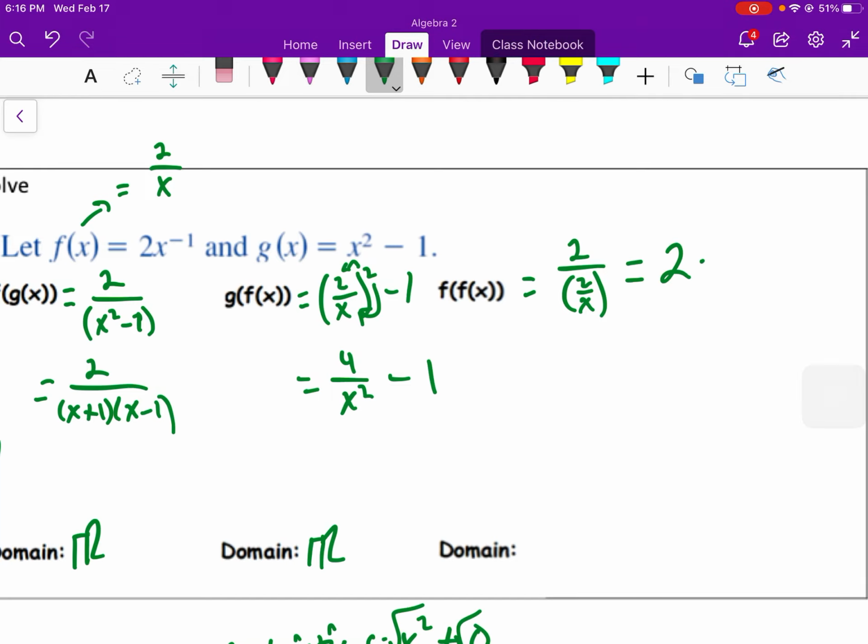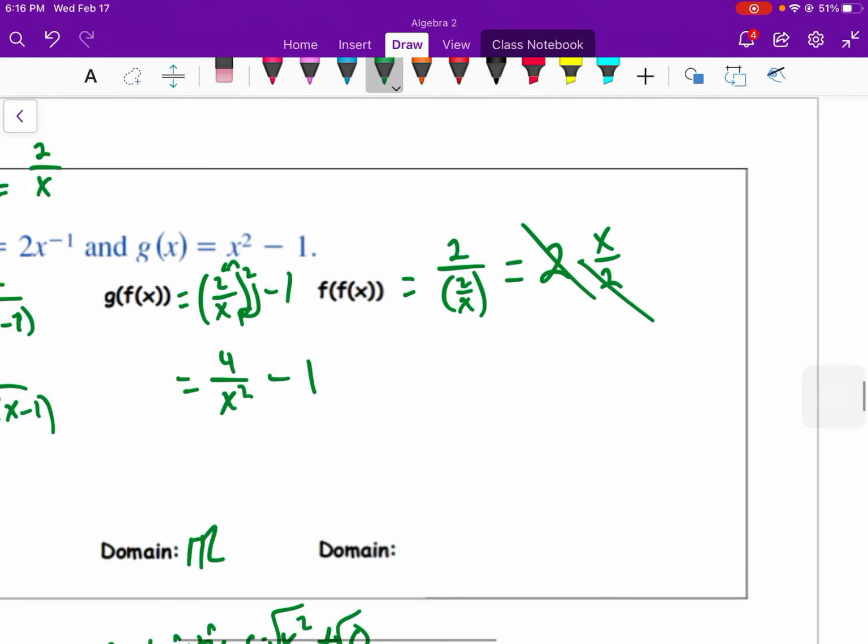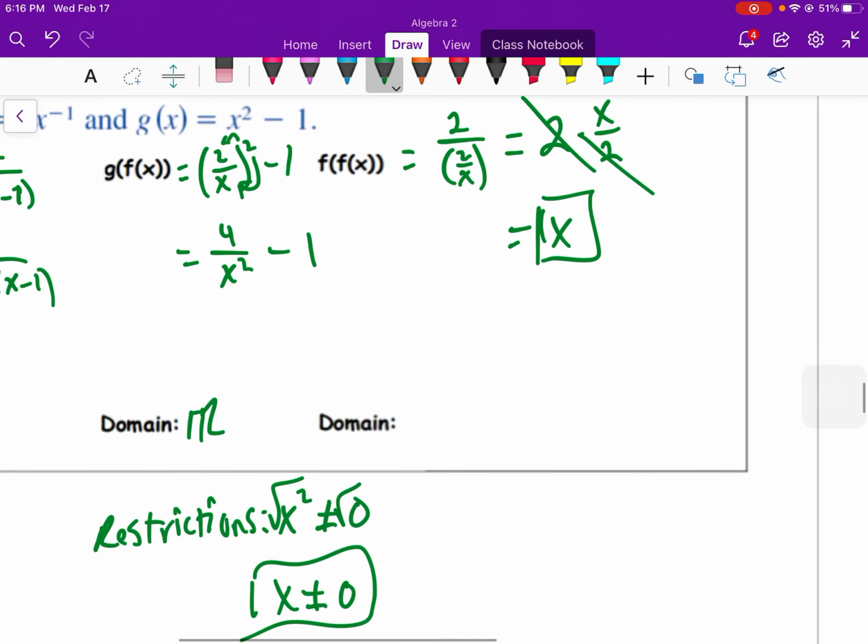So that becomes 2 times x over 2, which then our 2's will simplify to 1, so we are left with x. So in this case, we have no restrictions. f of x equals x. So in this problem, there are no restrictions, so the domain is all real numbers.